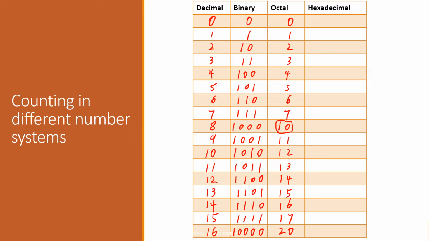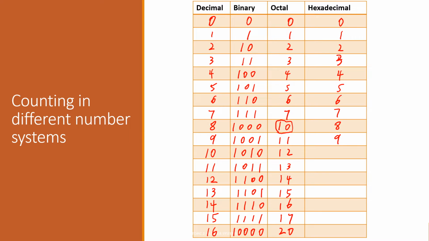For hexadecimal, similar, but in this case we have 16 digits, so we start from 0 1 2 3 4 5 6 7 8 9 10.